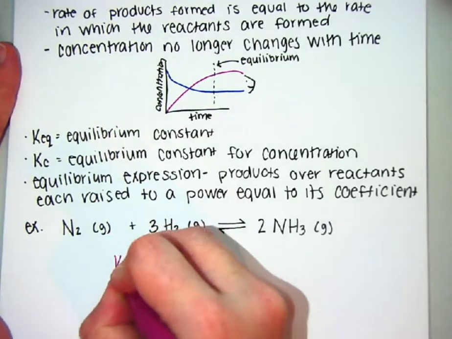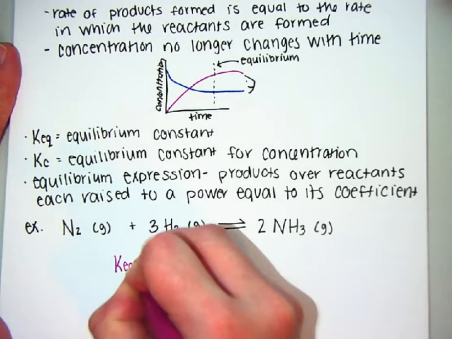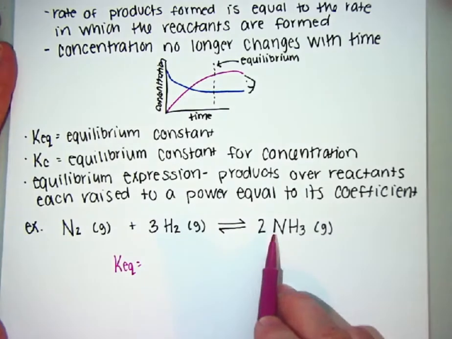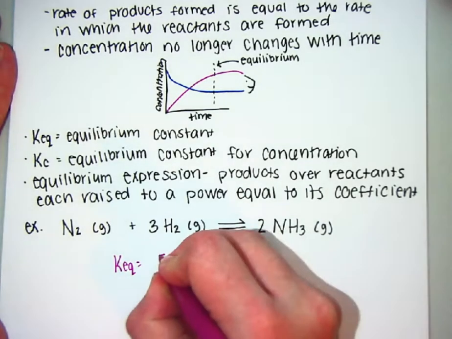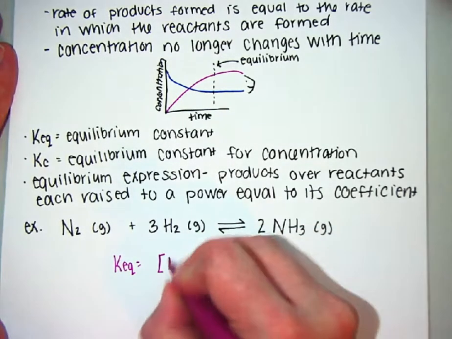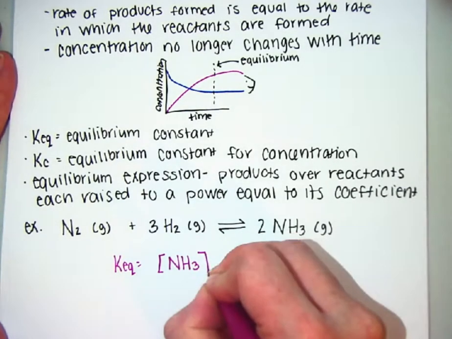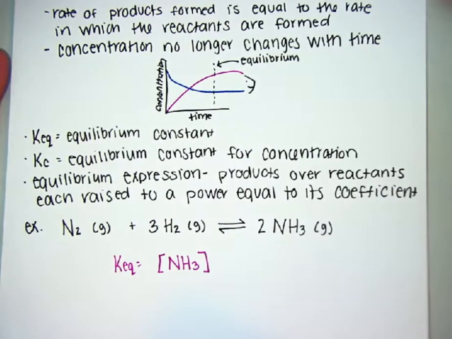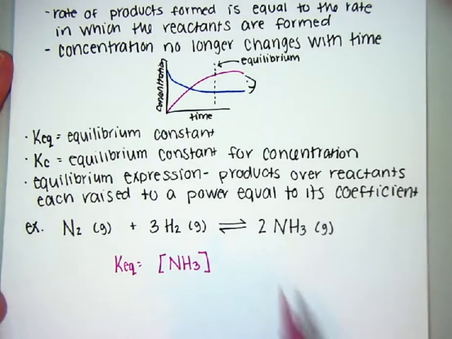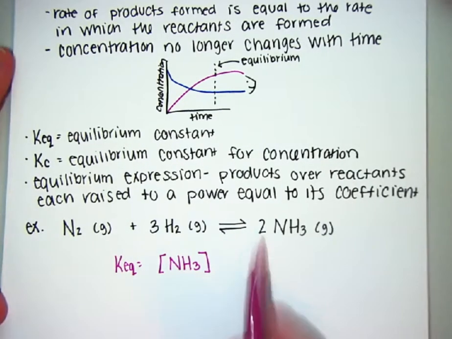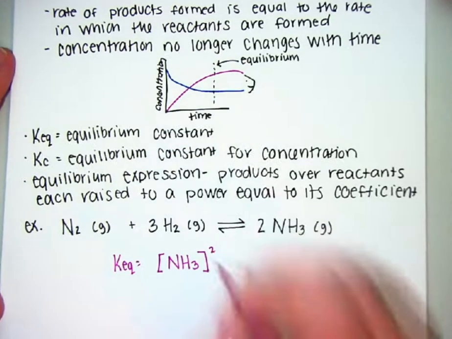So to write the expression, KEQ is going to be equal to products over reactants. We are going to put each substance in brackets. Brackets represent concentration. And then we are going to raise it to the power equal to its coefficient.